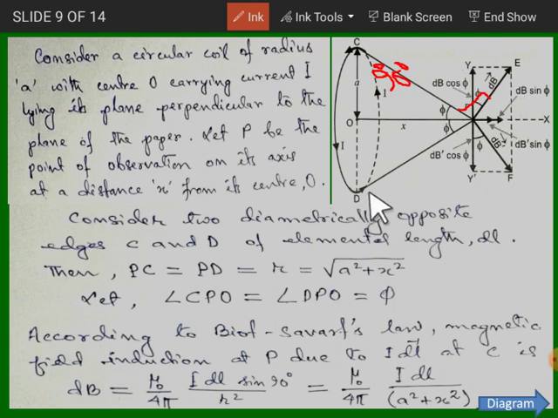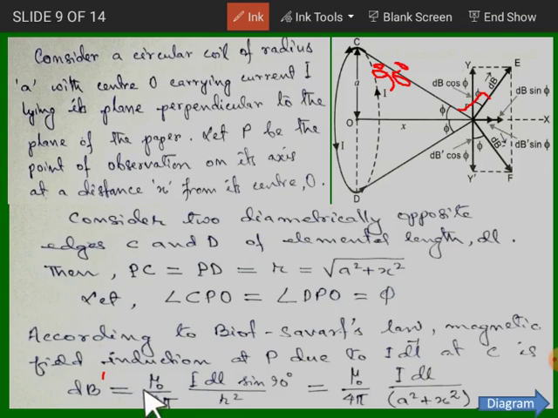And similarly for the IDL vector at this diametrically opposite side D, let the magnetic field at this point due to this elemental current carrying conductor be denoted by dB prime.